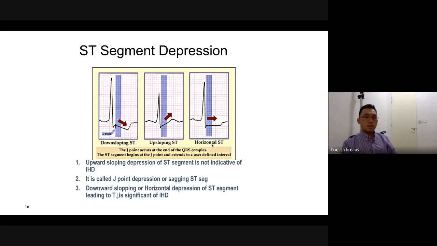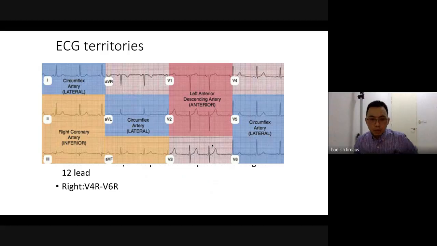And it indicates significant ischemia of the cardiac muscle. Then this one you must remember by heart. There's no easy way to remember this, but this is how I usually interpret an ECG.